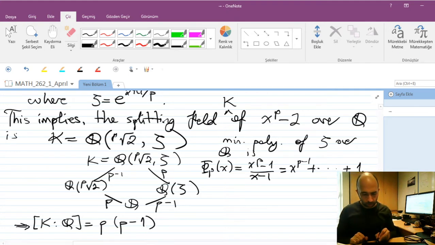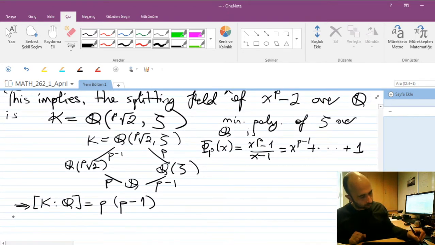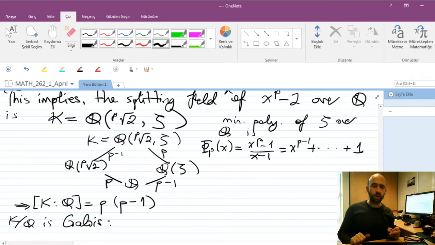Now K over Q is clearly a Galois extension, simply because K is the splitting field of something, and it's a separable polynomial.